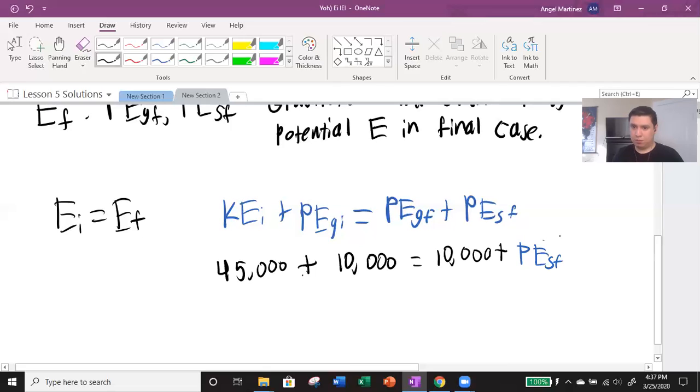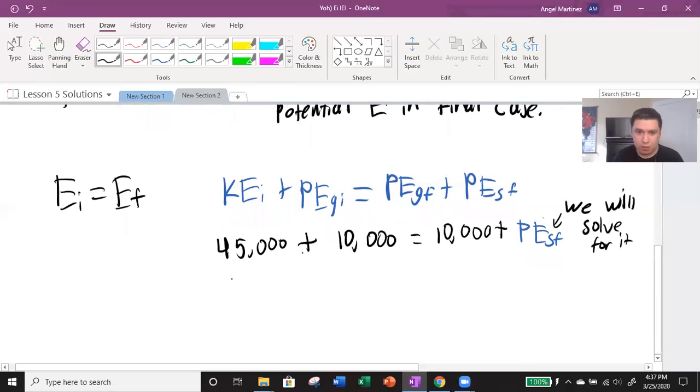So for this, we will solve for it. Right, so let's solve this. 45,000 plus 10,000, that's 46,000, or 55,000, sorry, equals 10,000 plus PEEF.